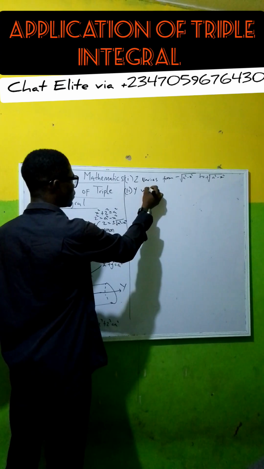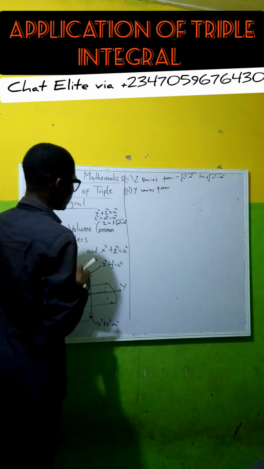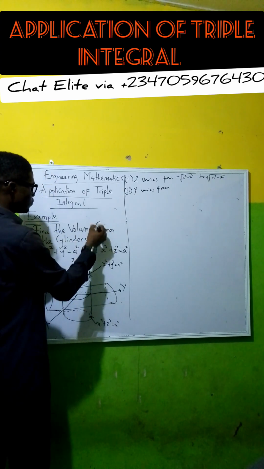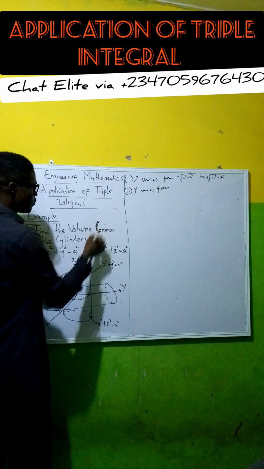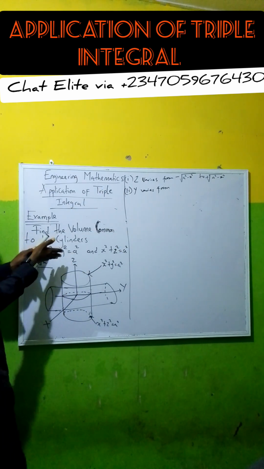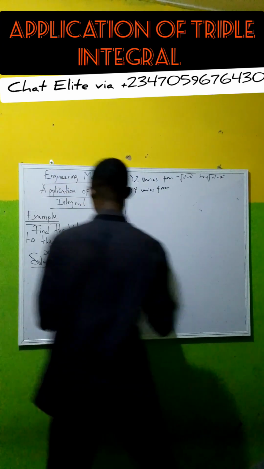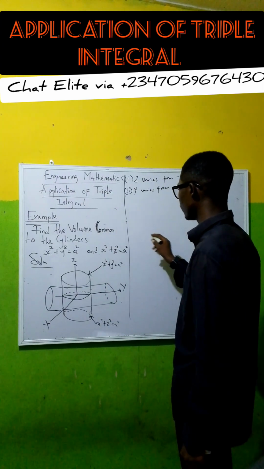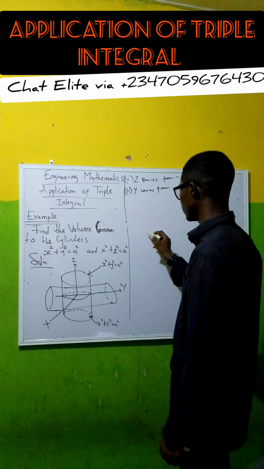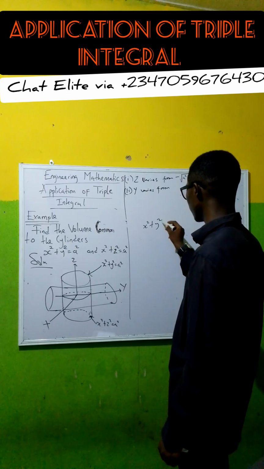So Y varies from... let's check for Y. Where do we have Y present? We have Y present here. At that point we have X squared plus Y squared equals A squared.